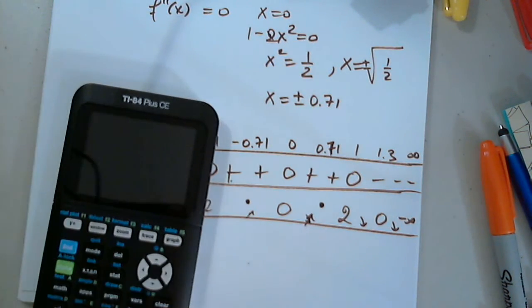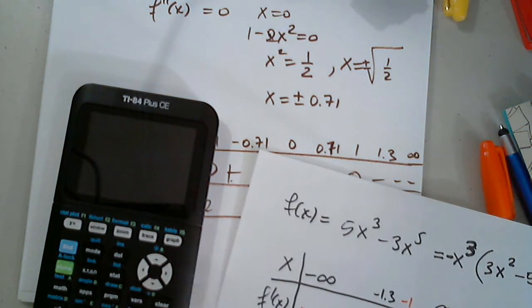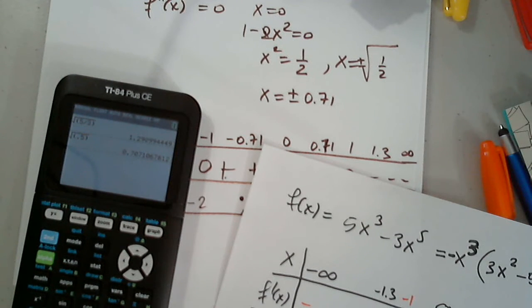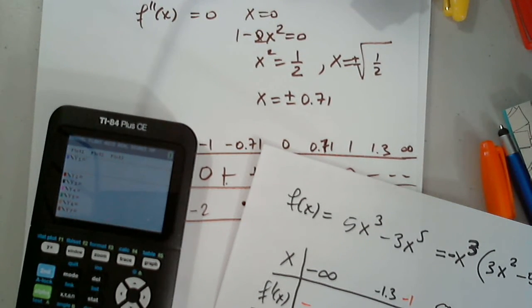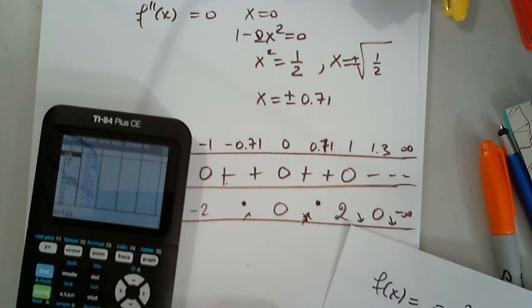Obviously now I need these two values. So I go back to the function, like 5 pages ago. The function was, I'm going to put it in, it's easier for me: 5x cubed, and then minus 3x to the 5th power. And I want to plug in, what do I want?